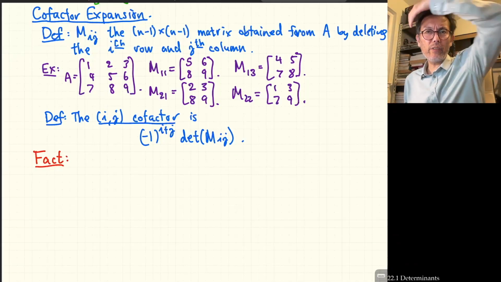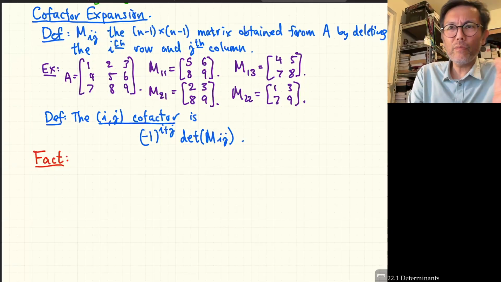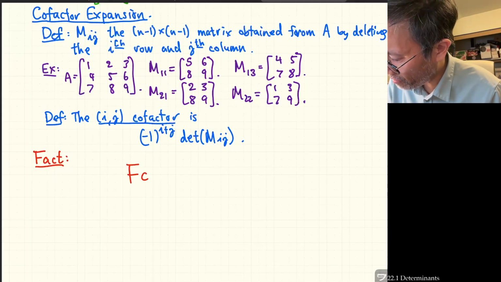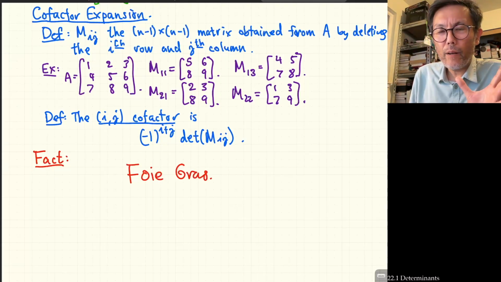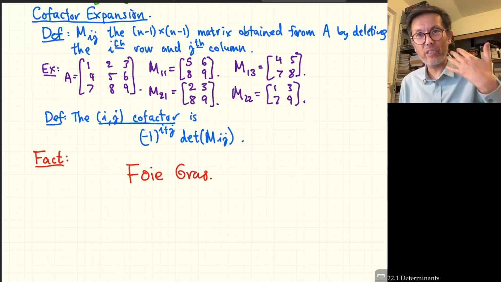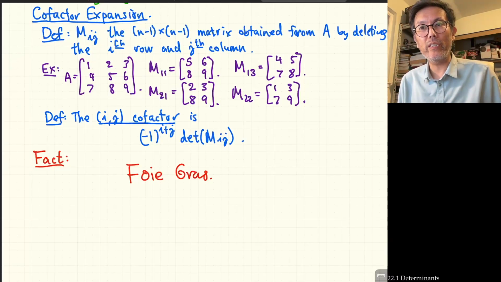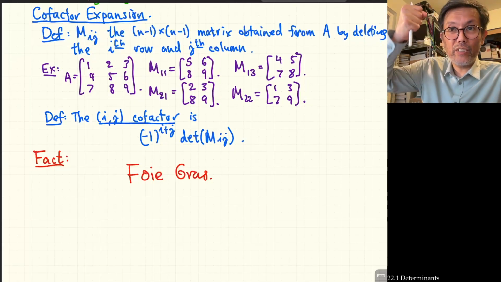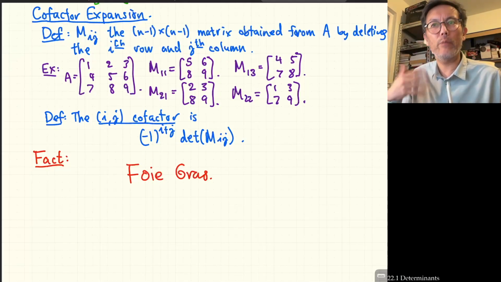Speaking of shoving things down your throat, I feel like I should tell you. Have you heard of foie gras? It's a delicacy. It's a food that people eat. I don't eat it, but it's a thing that people eat. The way that it's produced is a farmer will take a steel pipe and shove it down the throat of a goose, sometimes a duck, but let's just take a goose.